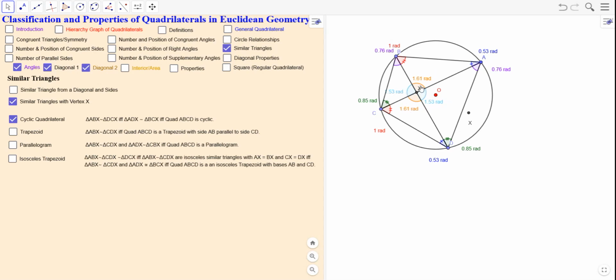Those are similar triangles. Similar triangles here, ABX, and then what is this? DCX. Okay, so we've got two pair of similar triangles, these two here and these two here.